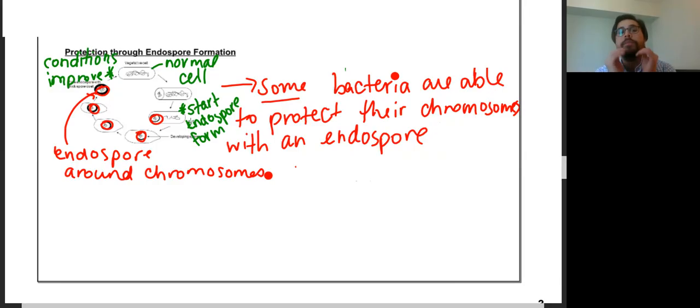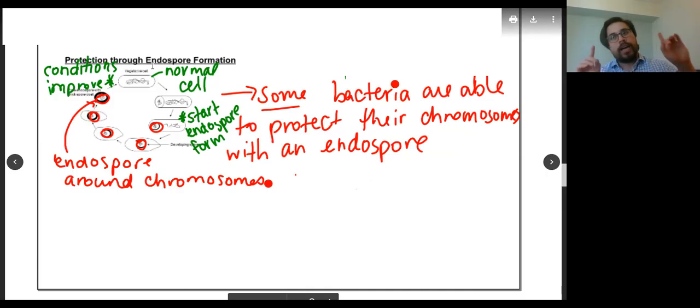very thick peptidoglycan layer or shield that in unfavorable conditions, which I'll talk about later, these unfavorable conditions trigger the bacteria to say, oh, got to go and hibernate. And it wraps its DNA up nice and safe, and it keeps it safe until the environment around it improves.